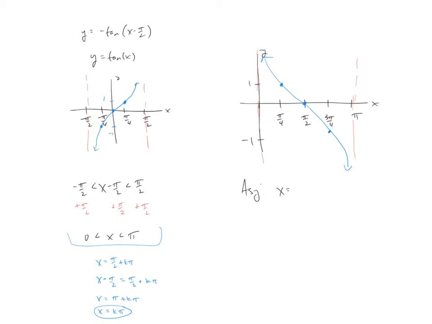And then if I solve it for x, that's always going to give us the new asymptote. So on these more complicated ones, that's a good method to use. So x equals k pi. The range would be negative infinity to positive infinity.